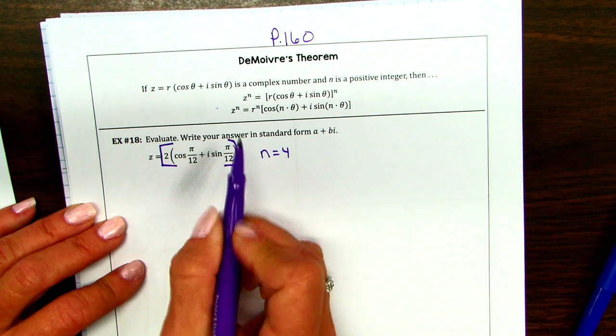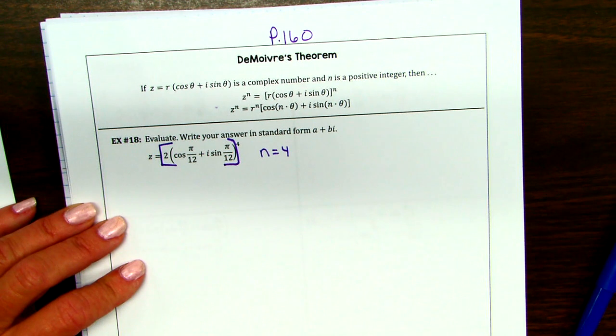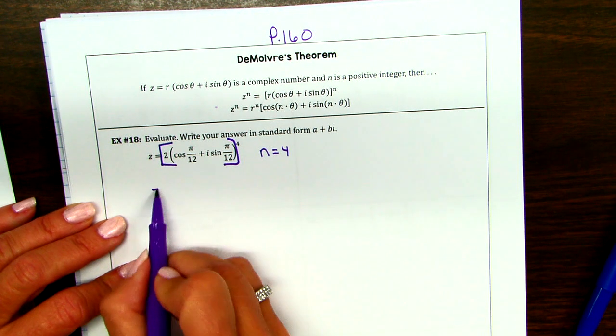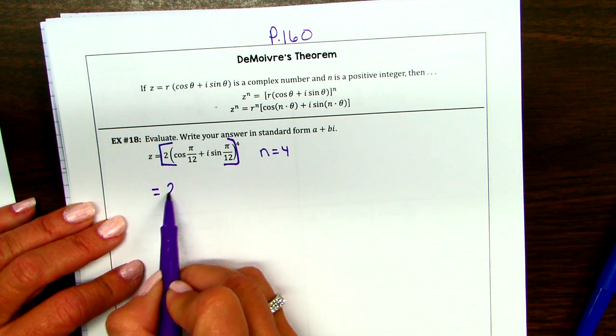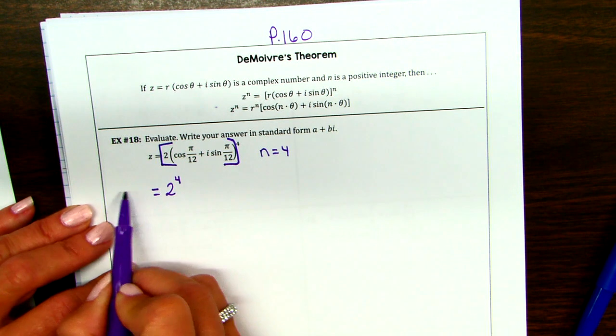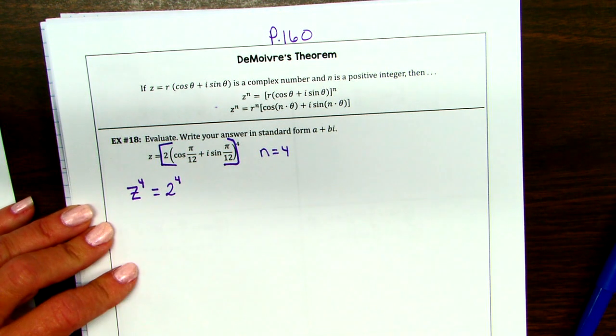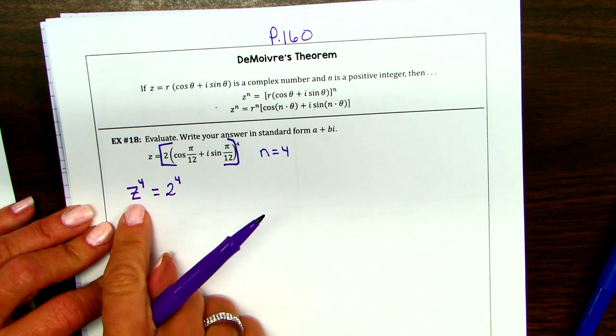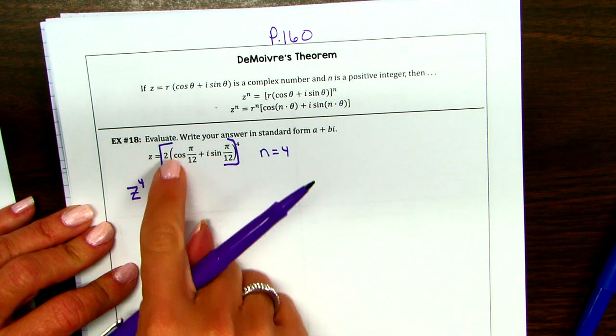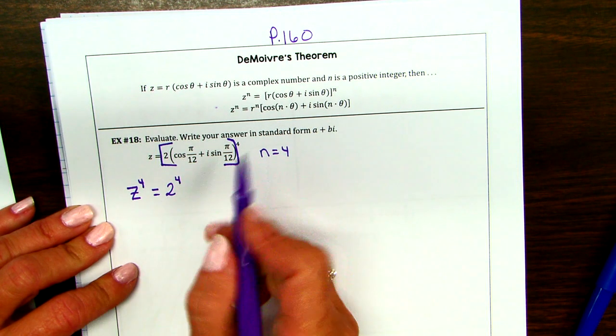Yeah, it's the whole thing to the 4th power. But anyway, the formula says we do 2 to the 4th, so we're doing z to the 4th power, taking z and raising it to the 4th power. Take your radius and raise it by 4.